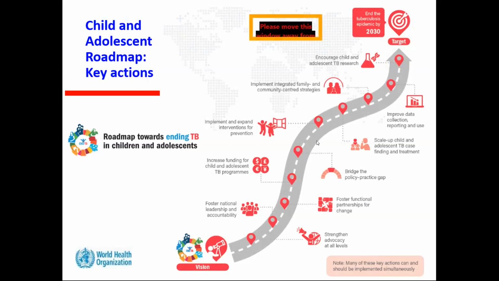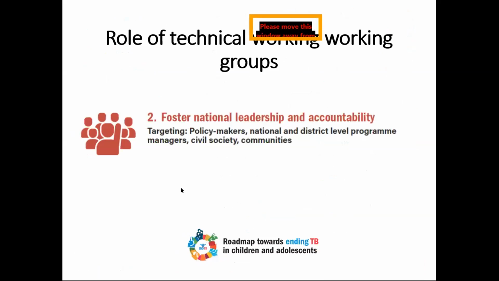Next slide. So when we look at the working groups, the role of the working groups is actually stipulated in action point number 2, which says foster national leadership and accountability. And this targets policymakers, national and district level program managers, civil society, and communities. Next slide.